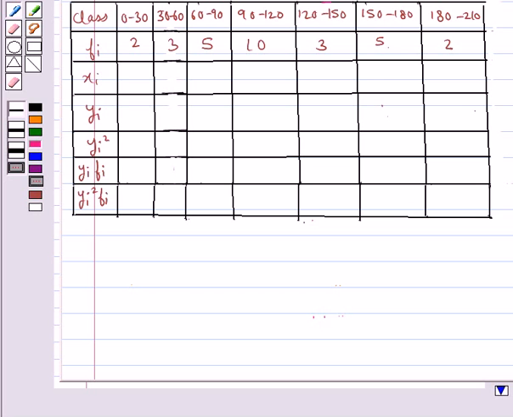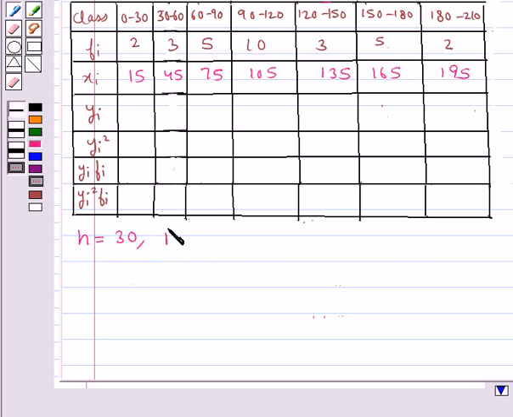Consider this data given to us in which we are given the class intervals and the corresponding frequencies fi. Now here xi is the midpoint of the class intervals given by this. Now here h, that is the width of the class interval, is 30.